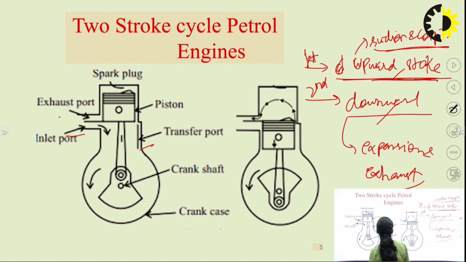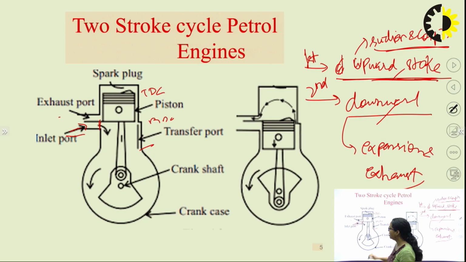So now what happens when the piston moves from BDC to TDC? The opening and closing of the ports are governed by the movement of the piston. So when the piston moves from BDC to TDC, the inlet port is uncovered. You can see the inlet port is uncovered.